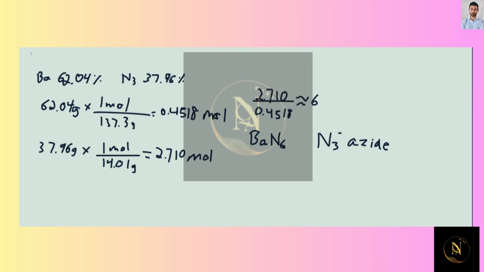So what are 3 resonance structures for the azide molecule? Azide can come from this. So this is going to be +1 and -2.